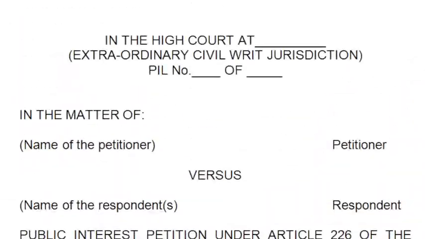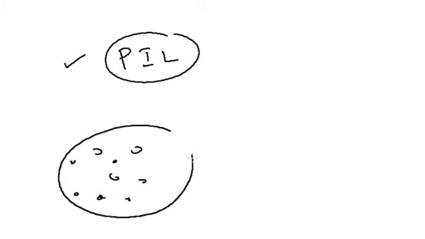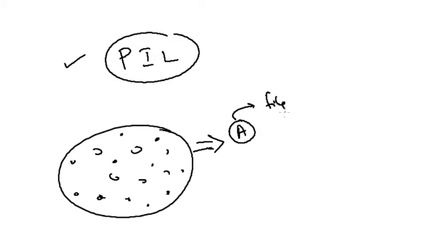Alright, so let us understand a few things. PIL, you might have heard of it. Public interest litigation. When there are many persons who cannot get justice from court, or are not able to file a case, or are not able to represent themselves, then any person can file a case, or institute a suit, on behalf of these people.